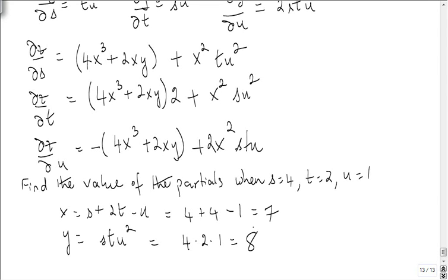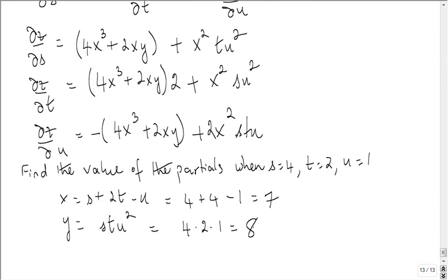So you just take all of these values and put them into the partials. So partial z with respect to s is equal to 4 times 7 cubed plus 2xy, 2 times 7 times 8, plus x squared, 7 squared, times t, which is 2, times 1.